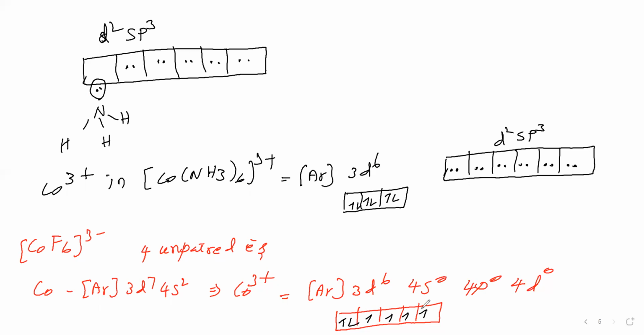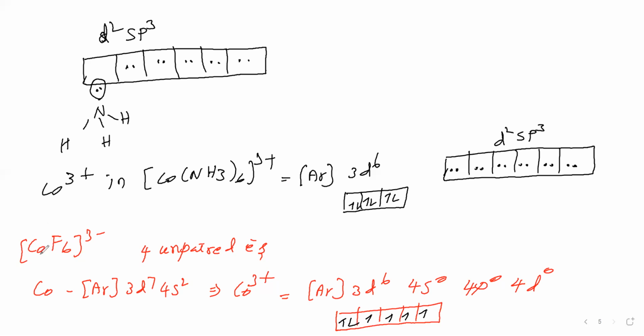Now in this complex 6 ligands are there. So the central metal cobalt should provide 6 vacant hybrid orbitals in order to make bonds with 6 ligands. To provide 6 vacant equivalent hybrid orbitals, cobalt provides 6 pure atomic orbitals from its valence shell for intermixing.